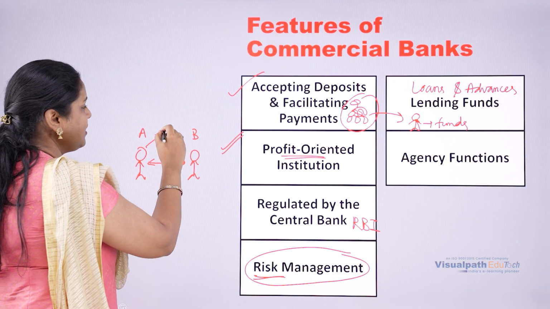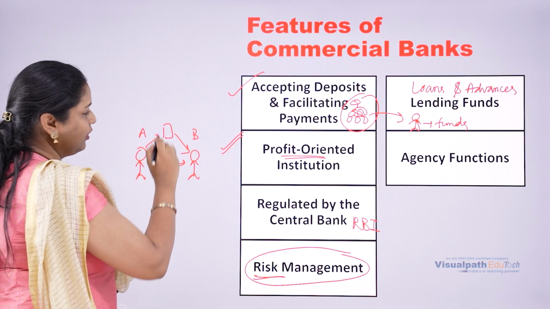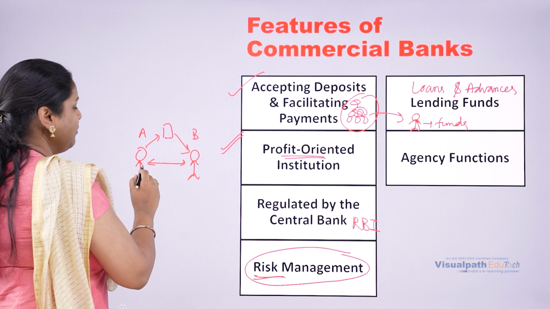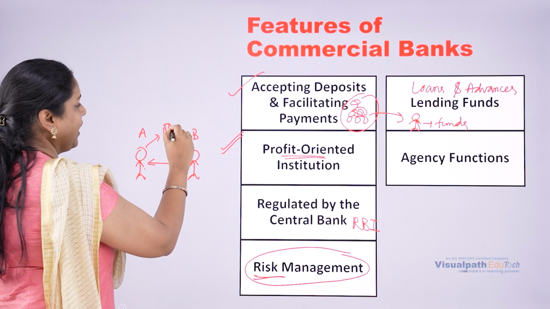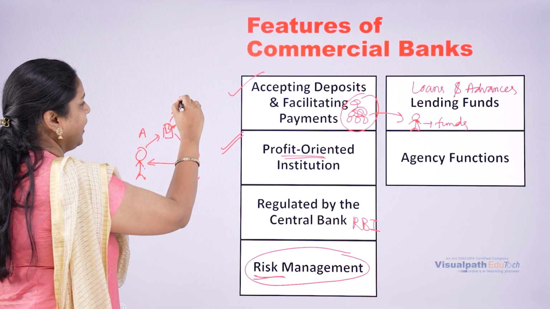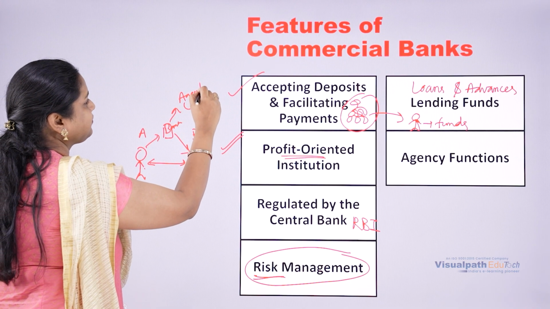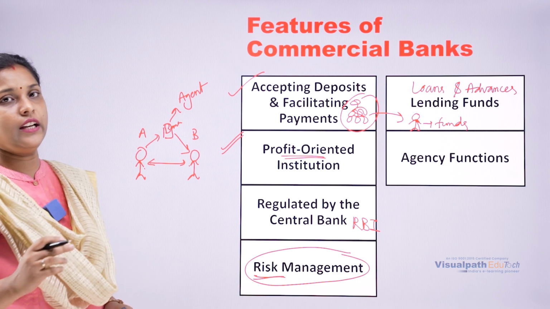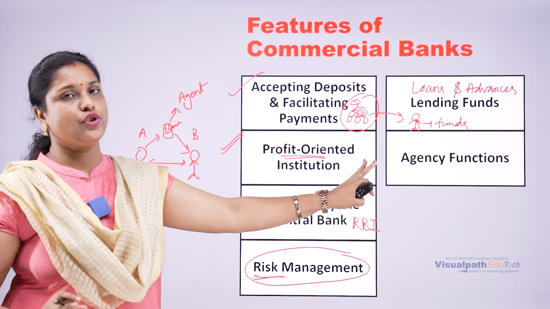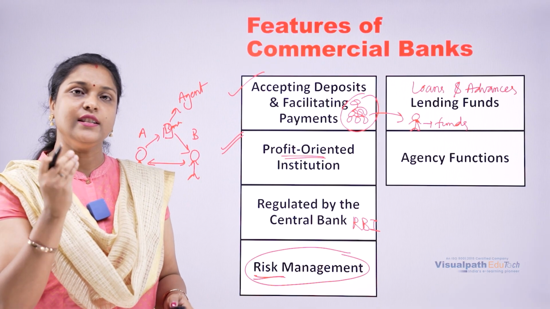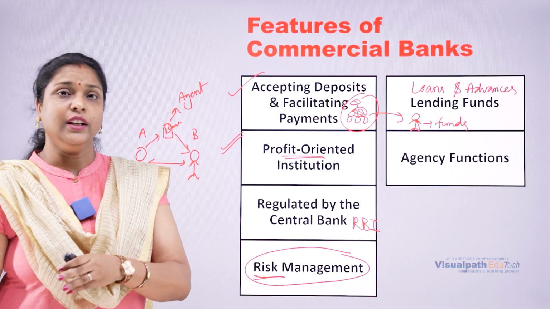A has asked the bank to pay B. Now here, in the transaction going on between A and B, the bank is acting as an agent. Okay, they facilitate the transaction. So bank also does the function of agency. They act as agent for their customers.